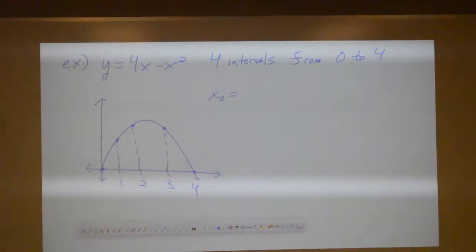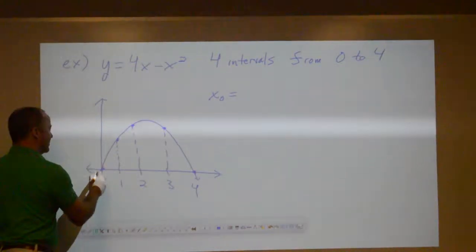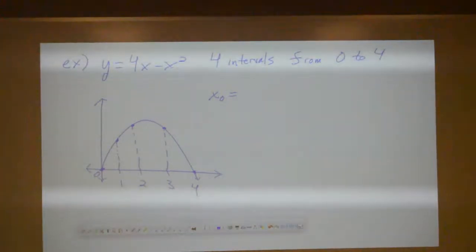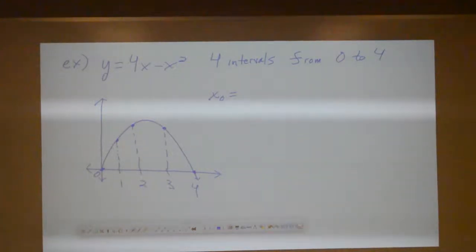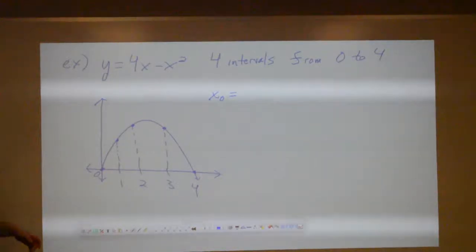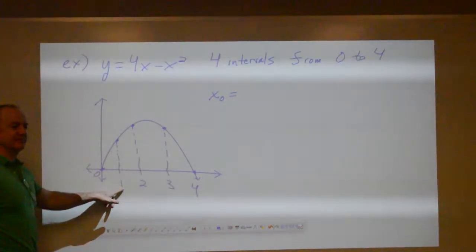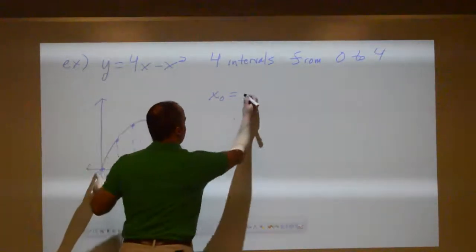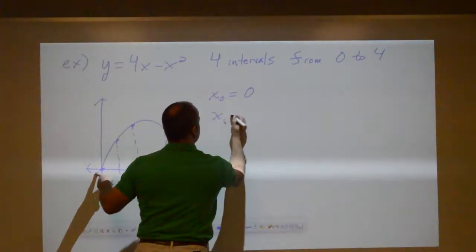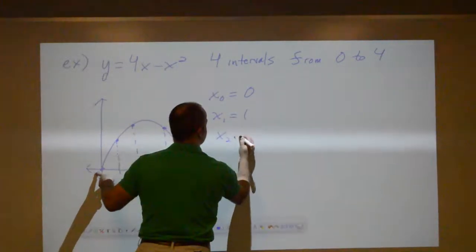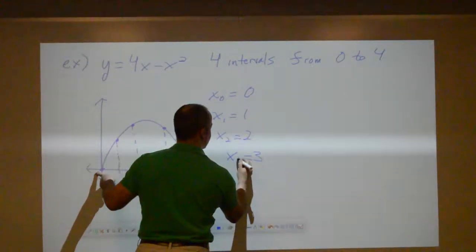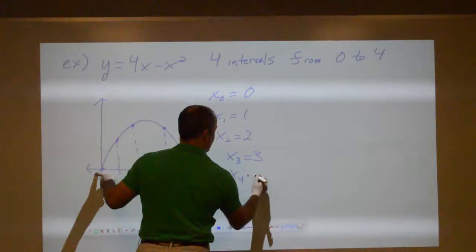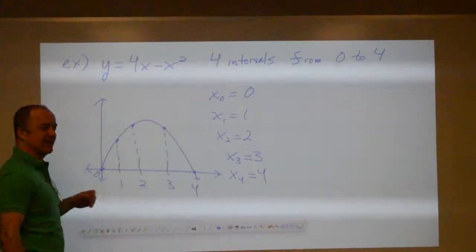What is x sub 0 going to be, looking at these intervals that I've quickly drawn up here? What's my first x point that I care about? Is that where I'm going to start, at 1? Or 0? Yeah. X sub 0 is going to be 0, x sub 1 equals 1, x sub 2 is 2, x sub 3 is going to be 3. This is kind of a bad coincidence. This pattern won't always happen.